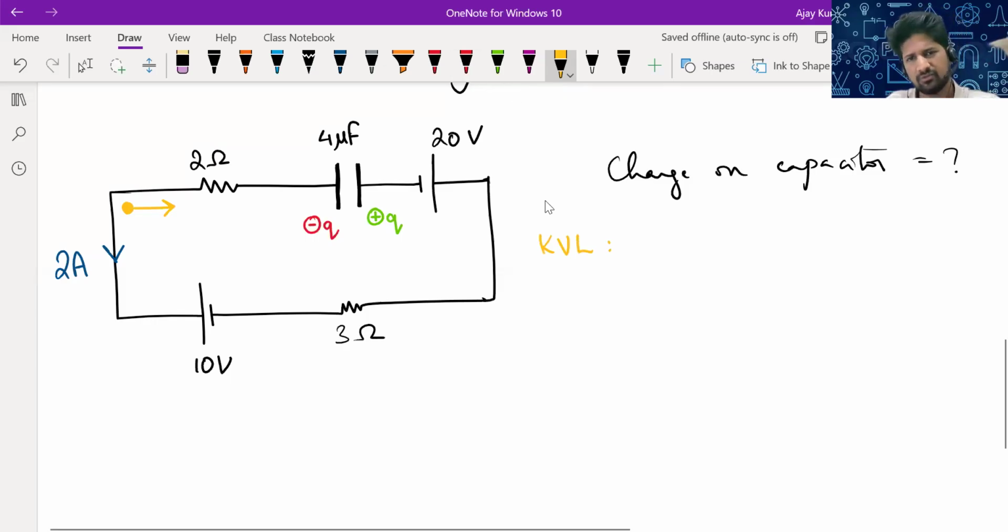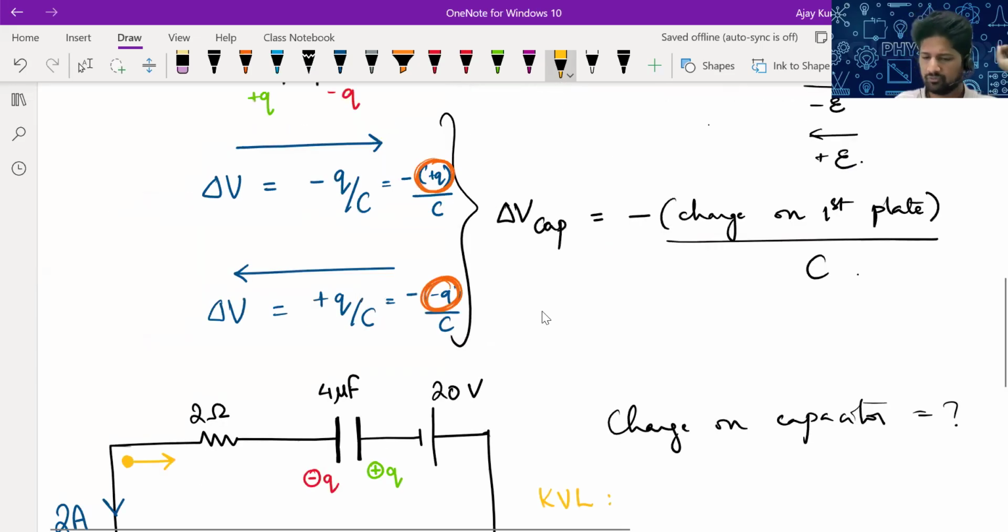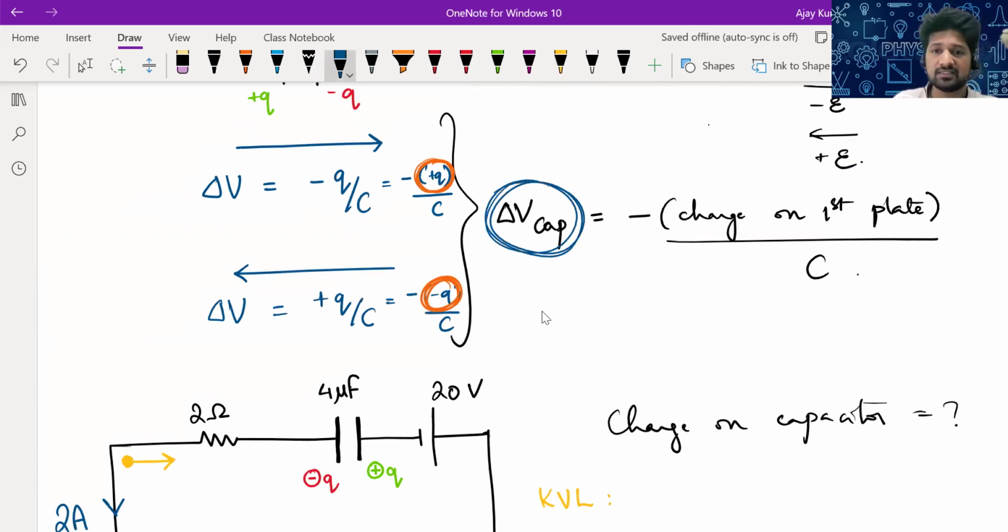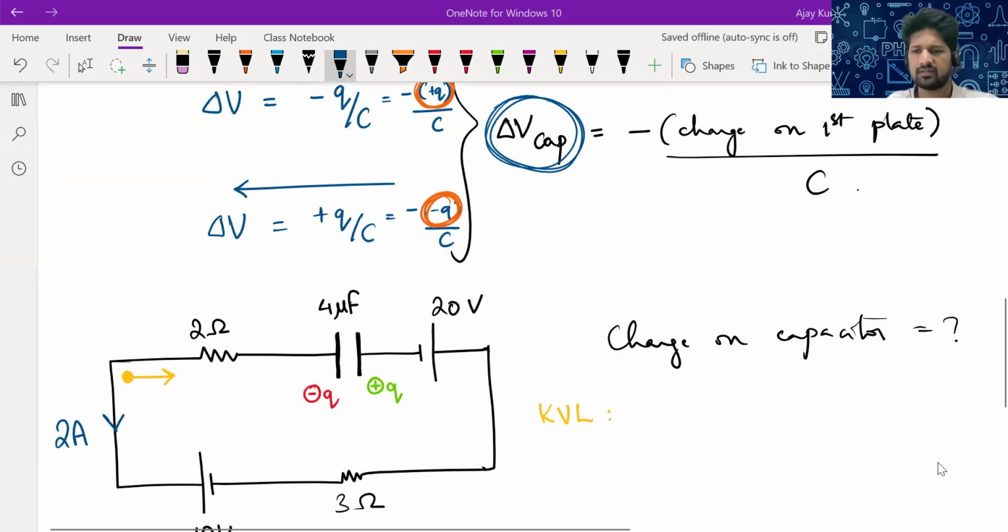And try to find out the charge on the capacitor also. I told you, when moving from one plate of a capacitor to another, the potential change is given by the formula negative of charge on the first plate that you come across divided by C. Across resistors and cells, you already know how to write potential changes. So make use of that and write the KVL equation for this loop.